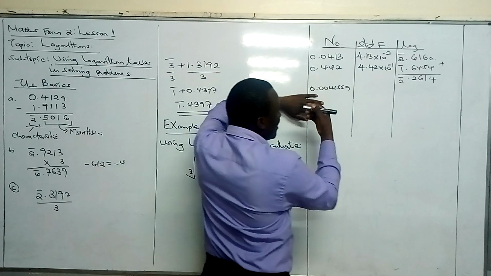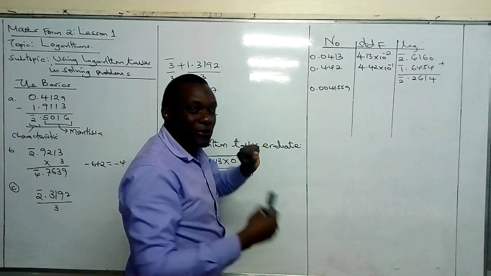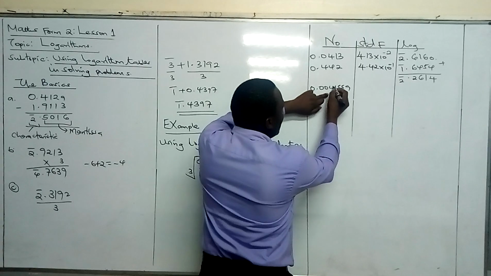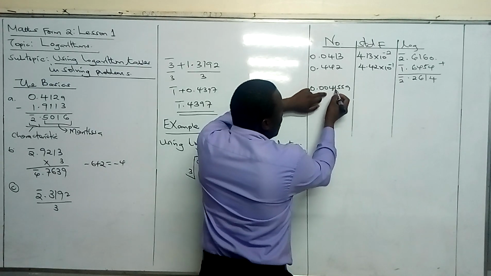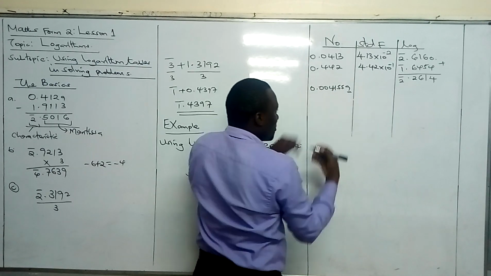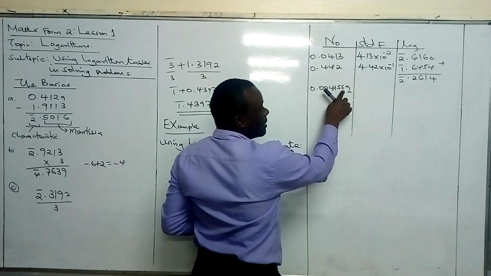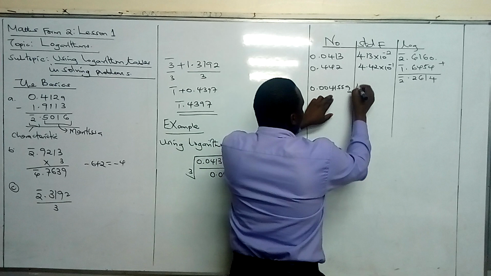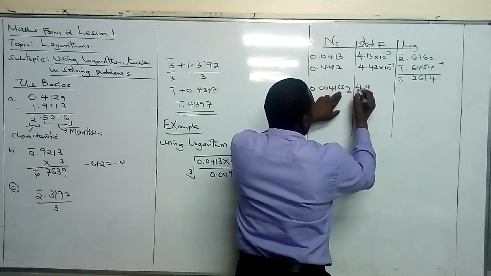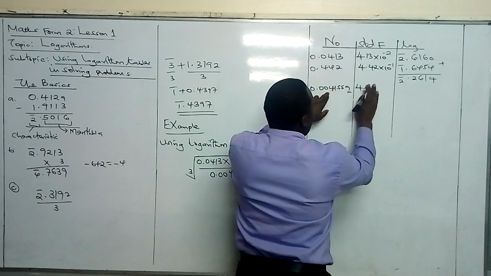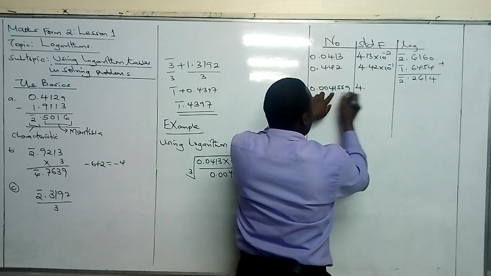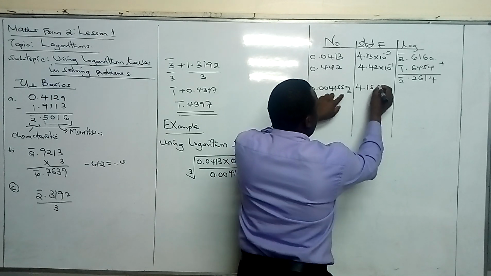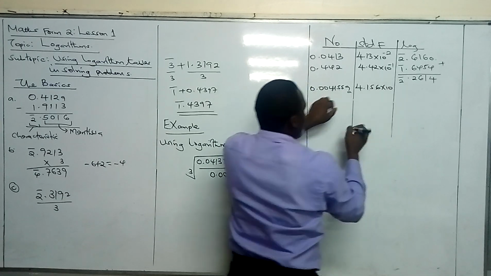We start counting the number of significant figures from this given point. 1, 2, 3, 4. So we look at the fifth one, which is 9. 9 will affect 5 by 1. So we will now use 4.156, then times 10 raised power.